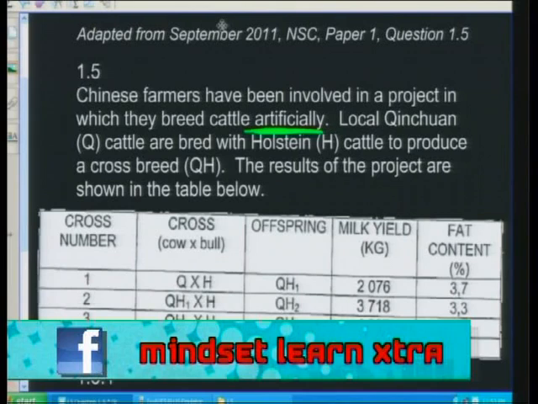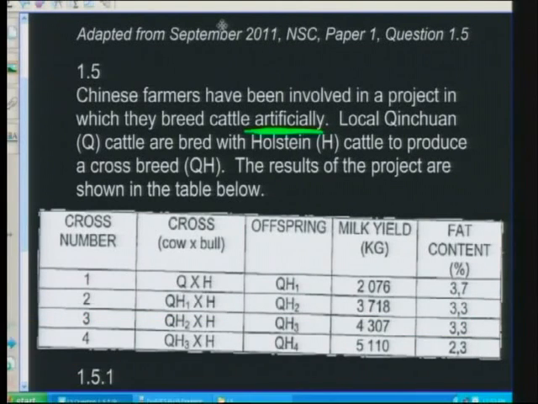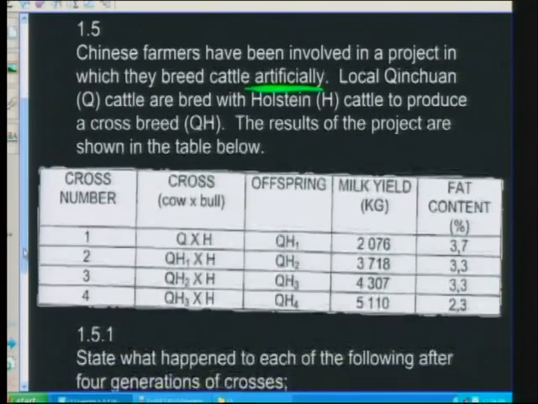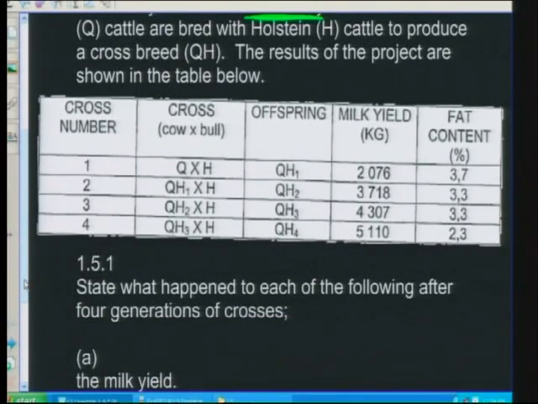All right, local Quinchuan, I hope I've said that right, Quinchuan cattle are bred with Holstein cattle, which is the H, to produce a crossbreed QH. The result of the projects are shown in the table below. So here we look at our table. There are cross numbers, so 1, 2, 3, and 4.